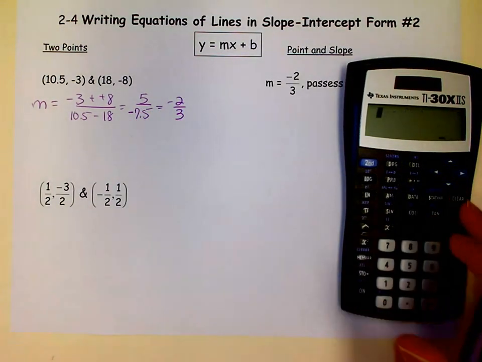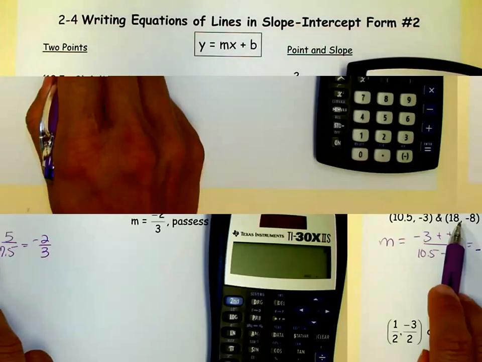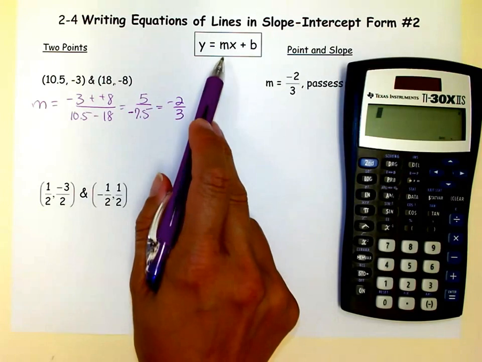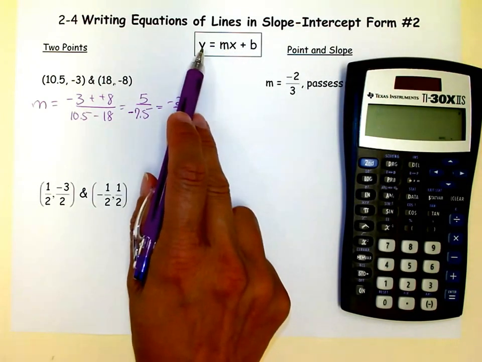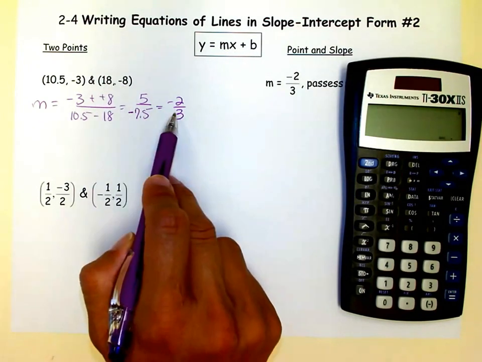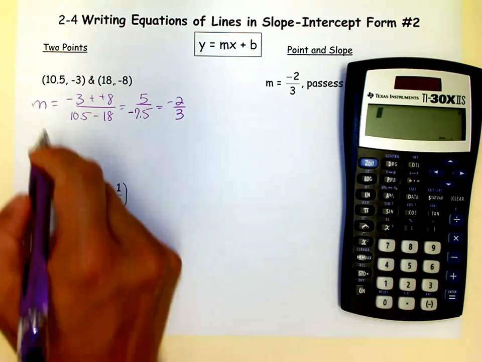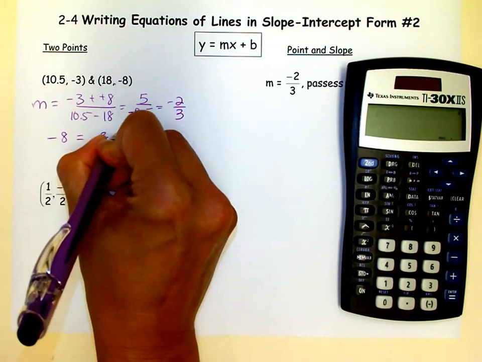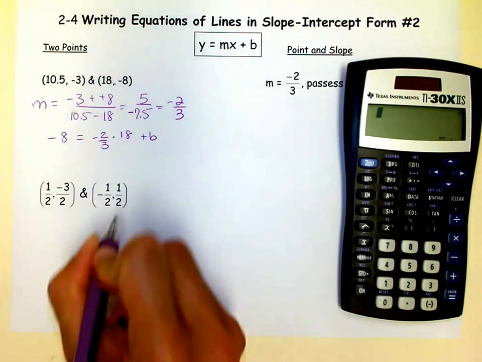Once we have our slope, then we pick a point, any point. I'll choose this one because it doesn't have decimals, and we use that to find b. So we take its y and its x and the m we found, plug it in, and find b. So we have y equals m times x plus b.